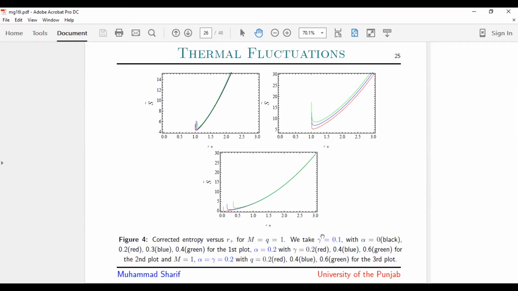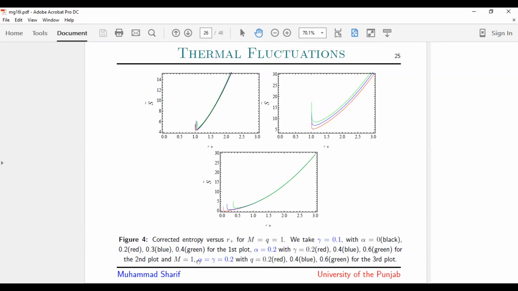this is the way I'm plotting the graphs in the whole presentation. In the first graph, I'm fixing gamma and taking different values of alpha. In the second graph, I'm fixing alpha and taking different values of gamma.